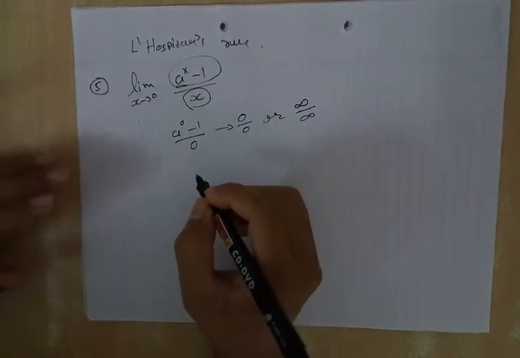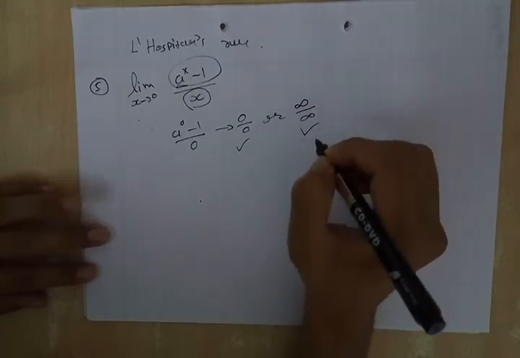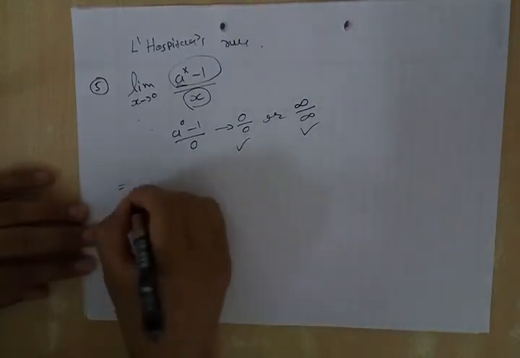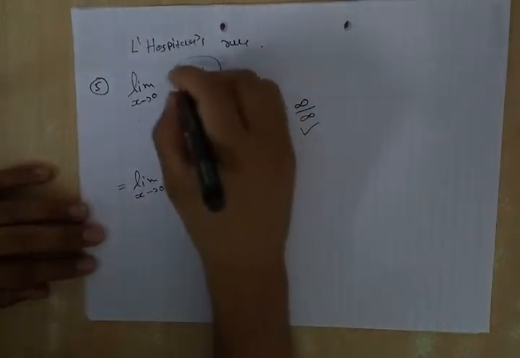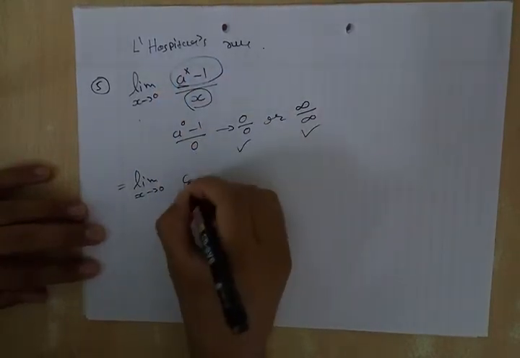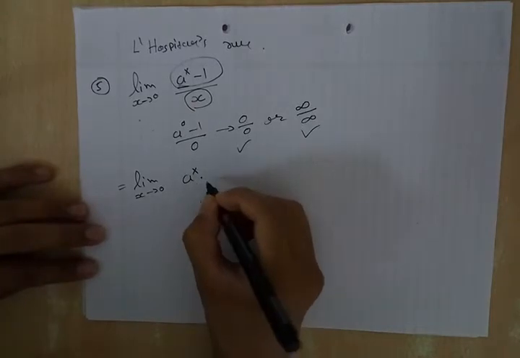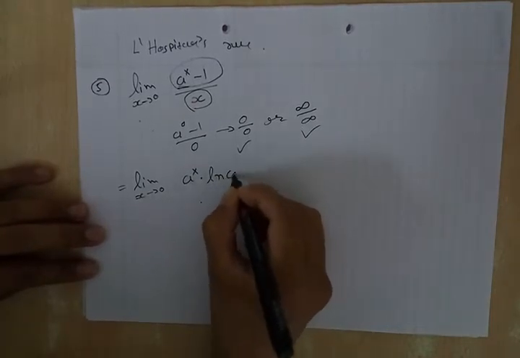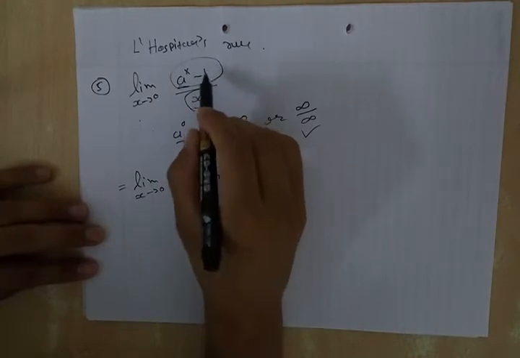That means until you get rid of this 0 by 0 or infinity by infinity form. So limit x tends to 0. Now we will differentiate the numerator with respect to x. So differentiation of a raised to x with respect to x is equal to a raised to x into natural log of a. And differentiation of this 1 is equal to 0.